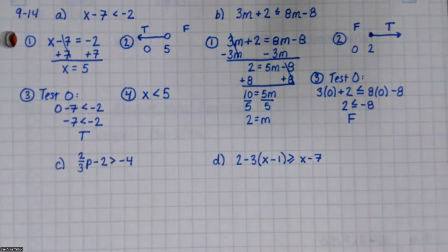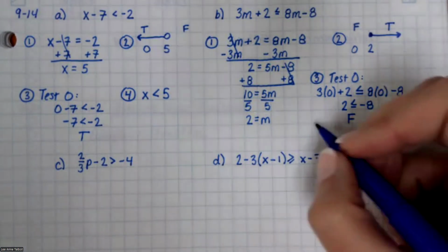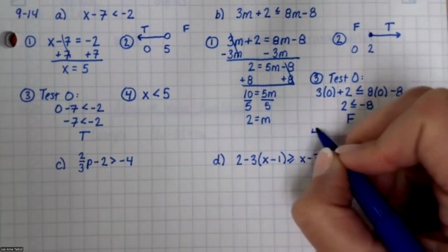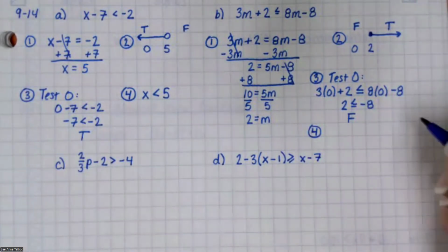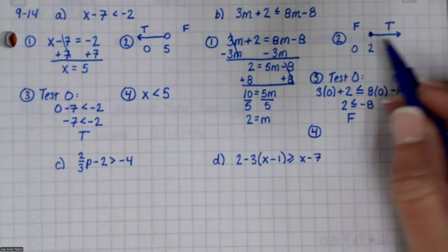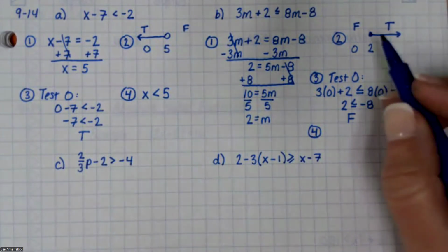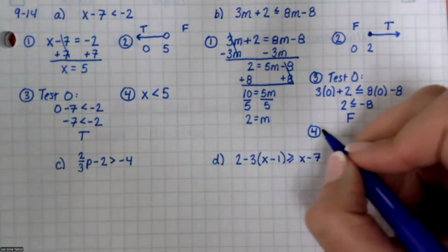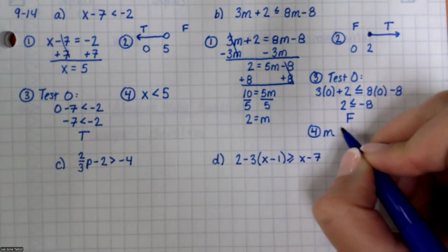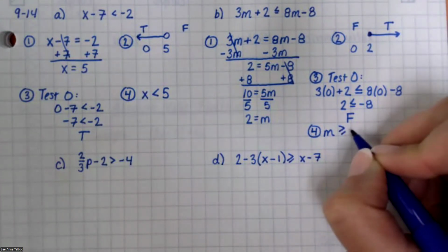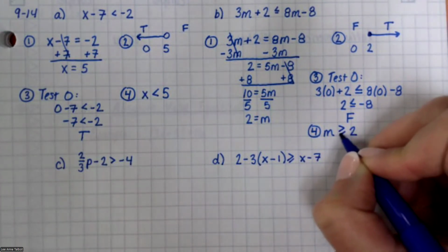I want to cover the true area. So my arrow goes toward the true. And then step 4 is to write my final answer based off of this arrow. M is greater than or equal to 2.